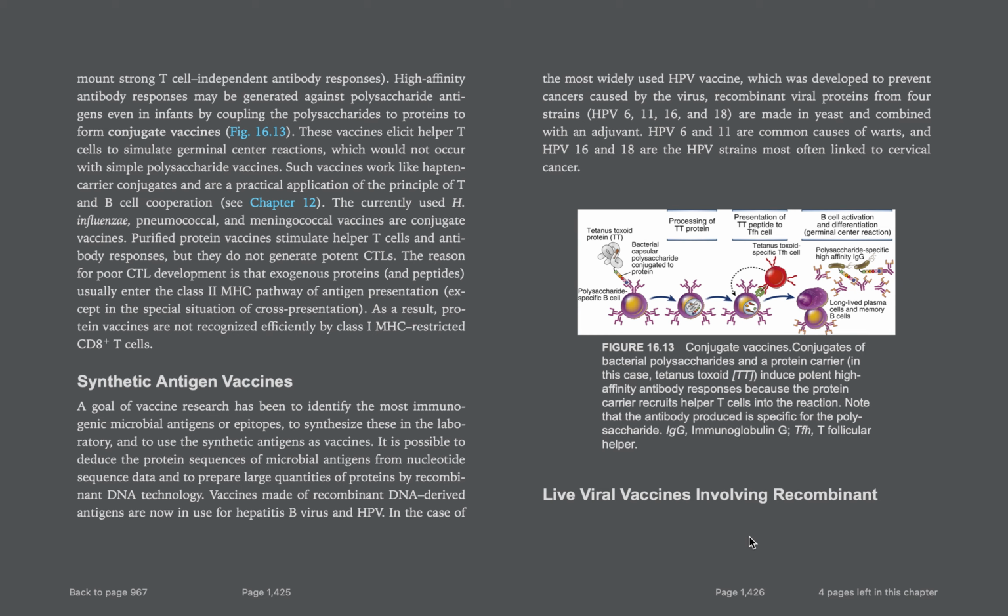Purified protein vaccines stimulate helper T cell and antibody responses, but they do not generate potent cytotoxic T cells. The reason for poor cytotoxic T cell development is that exogenous proteins and peptides usually enter the class 2 MHC pathway of antigen presentation, except in the special situation of cross-presentation.